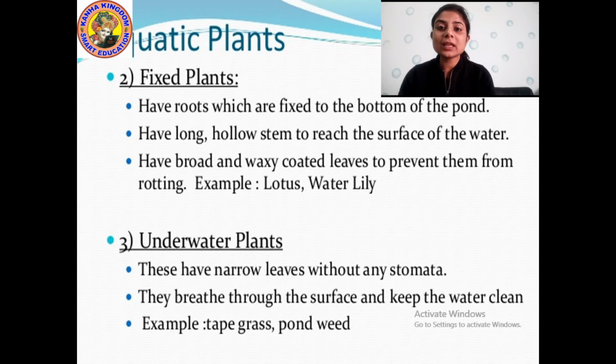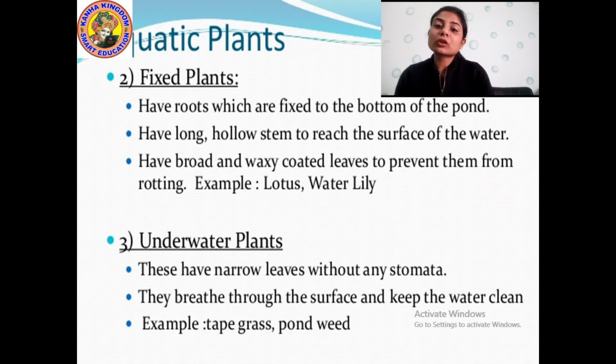Stomata are the tiny pores present below the surface of the leaf, which help the leaf in gaseous exchange. That means they take in carbon dioxide from the atmosphere and release oxygen. Okay, so these underwater plants lack stomata in the leaf. Then how do they take the gases? They take the gases that are present inside the water.